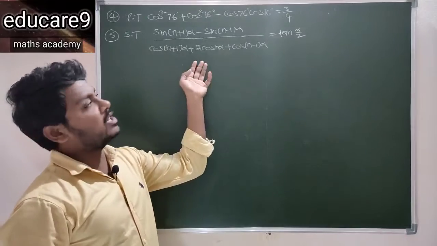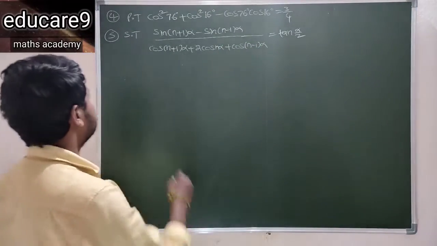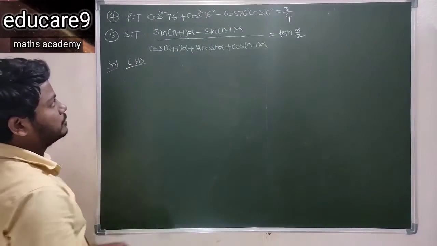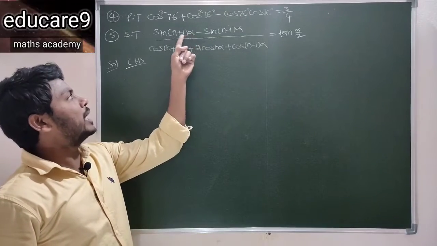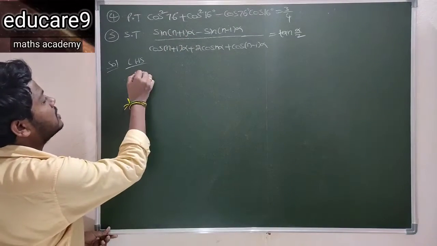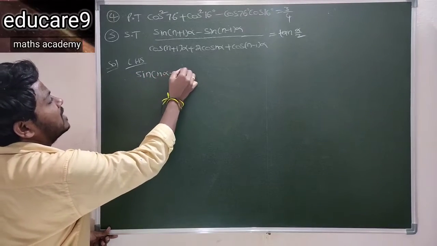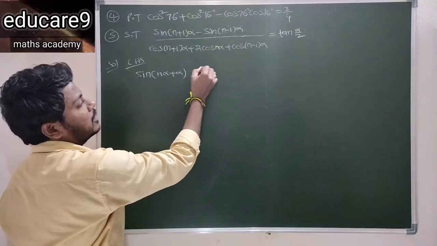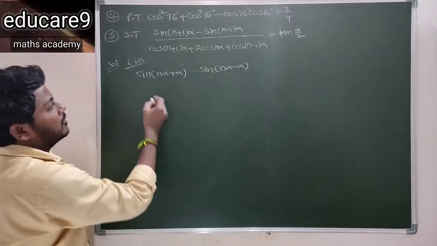See the next one. Prove that this value is tan alpha by 2. So first we have to consider LHS. See here, what is the LHS value: sine of n plus 1 into alpha. Multiplying alpha inside, that is sine n alpha plus alpha. Here also multiplying alpha inside, that is minus sine alpha, n alpha minus alpha.